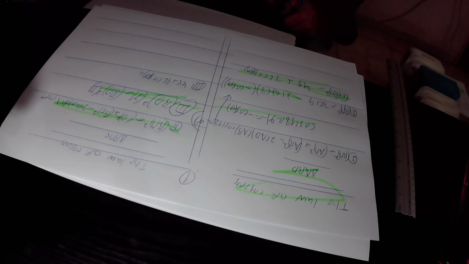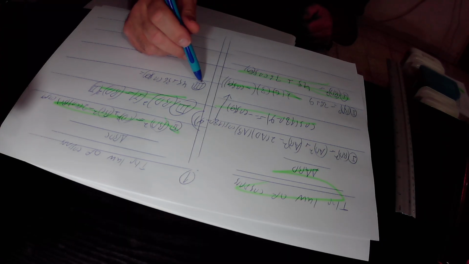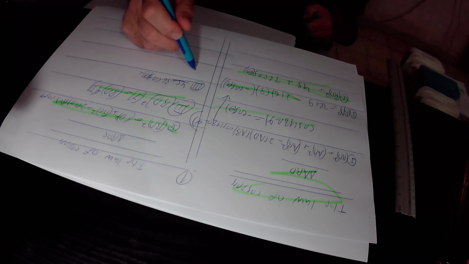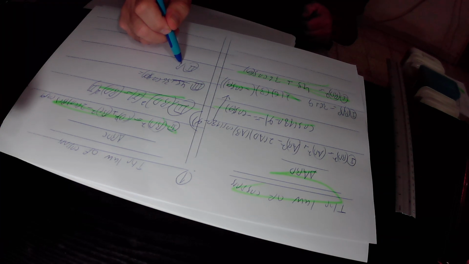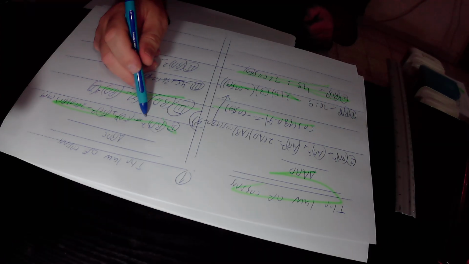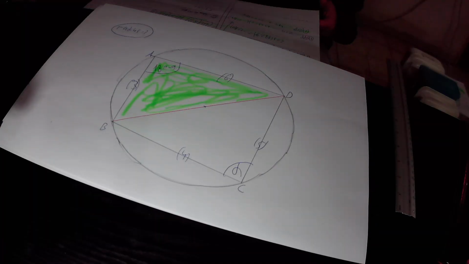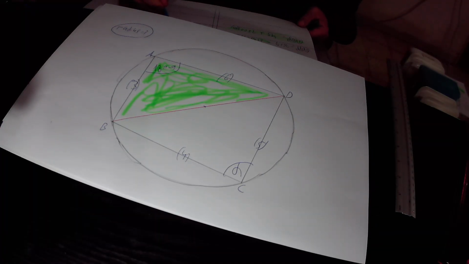So first of all, we compute the value from equation 2. According to equation 2, BD squared equals CD squared. CD is 5, therefore CD squared is 5 squared, that is 25, plus BC squared.